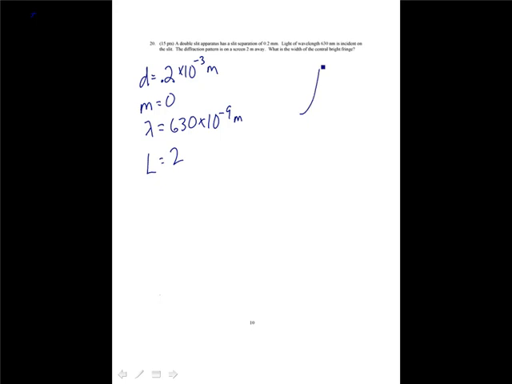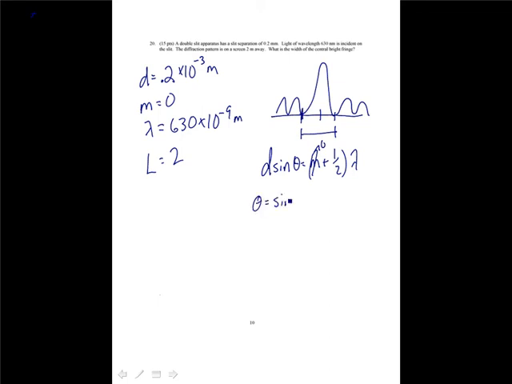Alright, here's my diffraction pattern. I want to know what this distance is. So I need to know the angle to the first dark fringe. Now for a double slit, the dark fringe is d sine theta equals (m plus 1/2) lambda, and in this case m will be 0 because it's the first dark fringe, which is associated with the 0th order. So I solve for theta, which is the inverse sine of lambda over 2d.